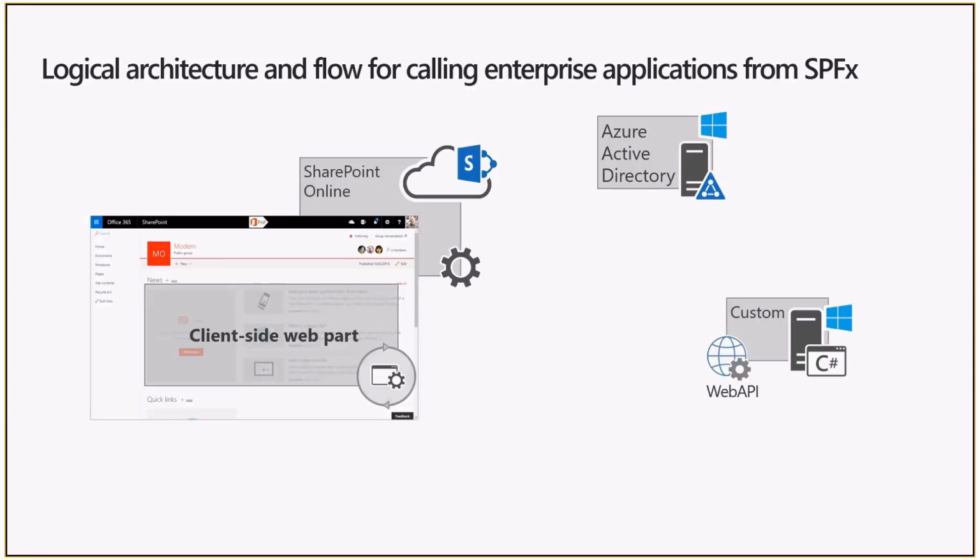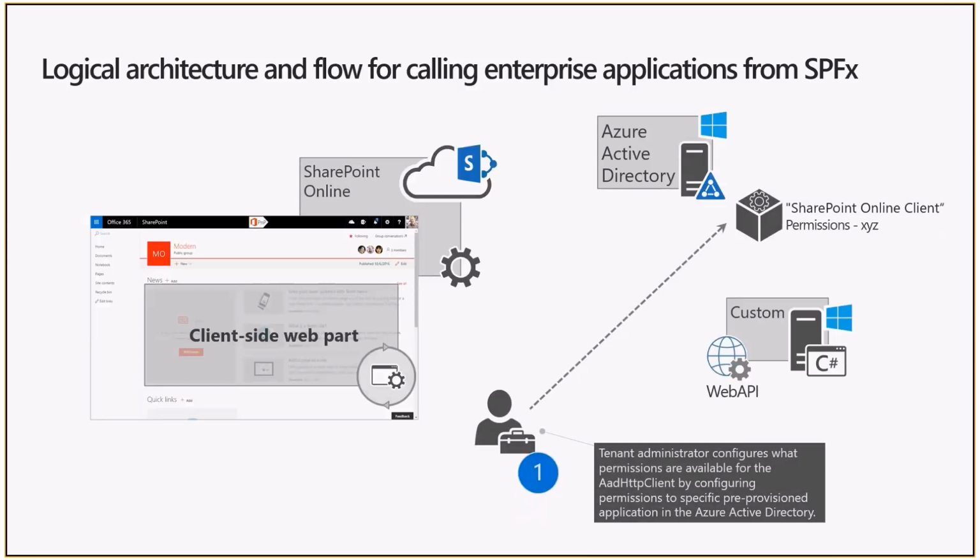So what you need to do to make these things work is that as a tenant administrator, you basically need to configure and control what permissions the SharePoint Framework implementations have, or what API permissions the SharePoint Framework can actually call. And the tenant administrator can configure this in Azure AD. There is a provisioned application which the tenant administrator configures within Azure AD for every single Office 365 tenant.